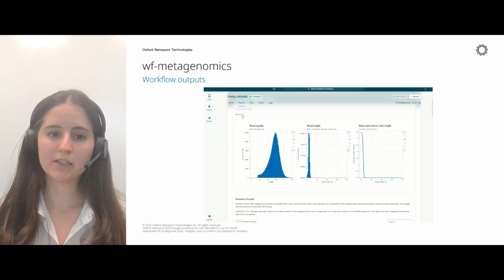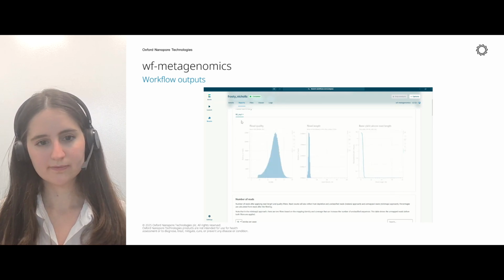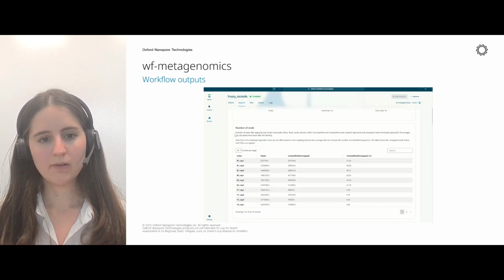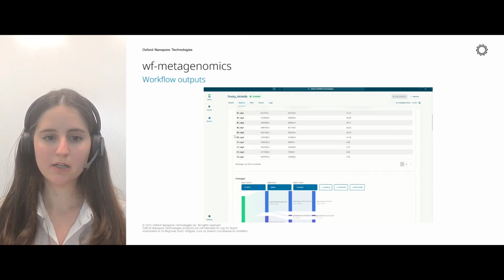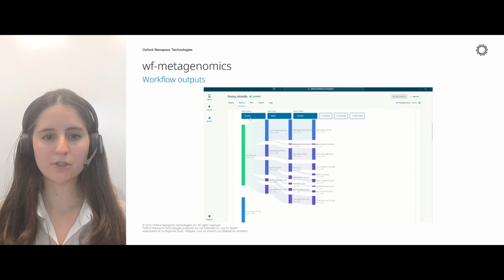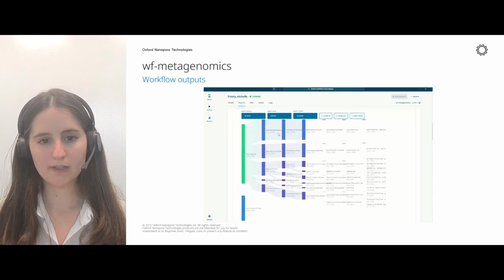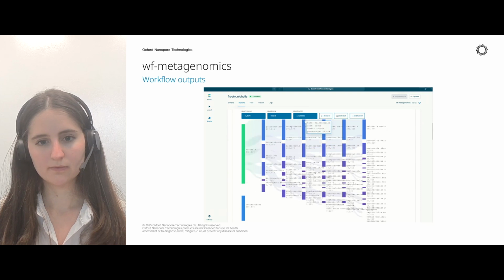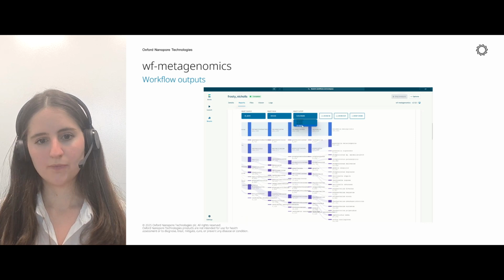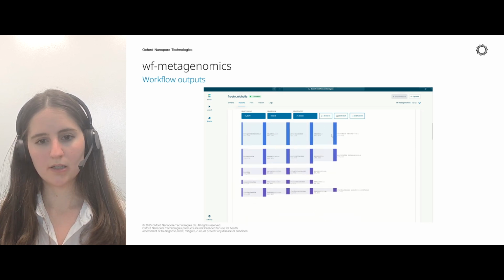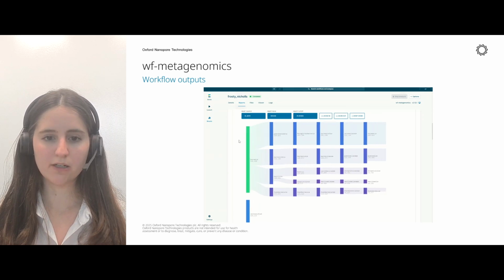The report is interactive, so you can switch between the different samples. And there is also a table that shows you the percentage of unclassified sequences, and also some plots to view the taxonomic profile. So you can explore what is in the sample and identify bacterial, viral, or fungal pathogens.